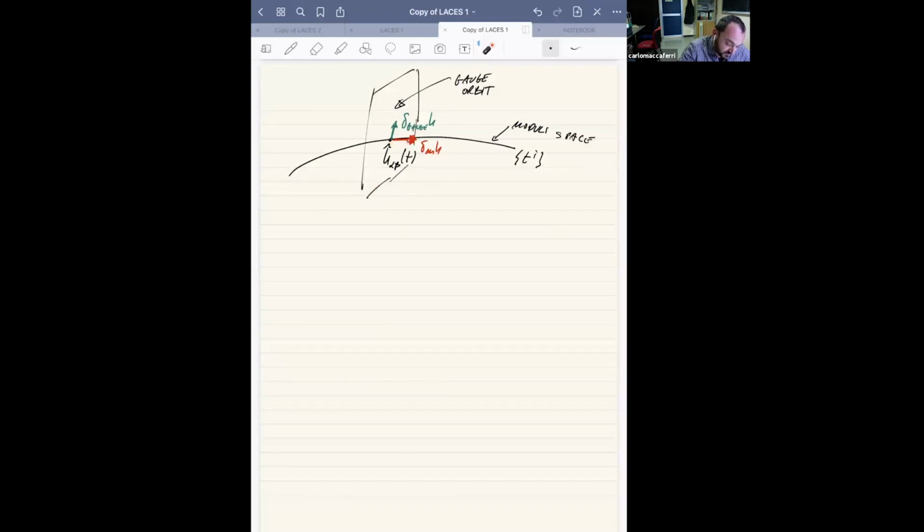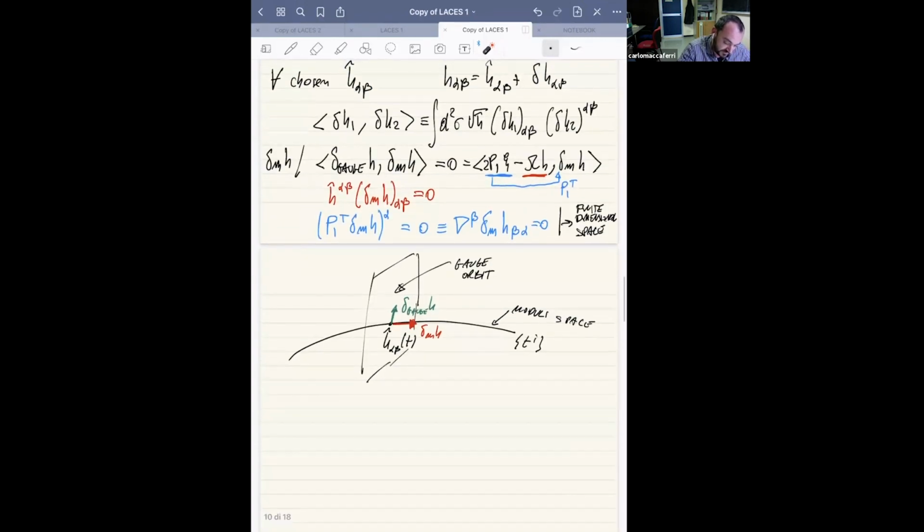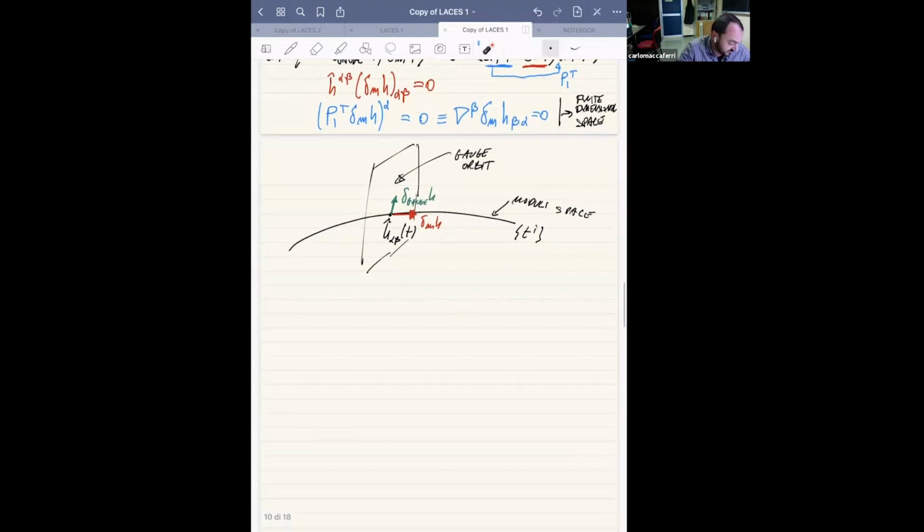The moduli variation is tangential to the base manifold, the moduli space, and the gauge variation is along the fiber. There is a notion of orthogonality here given exactly by the metric that I have defined.